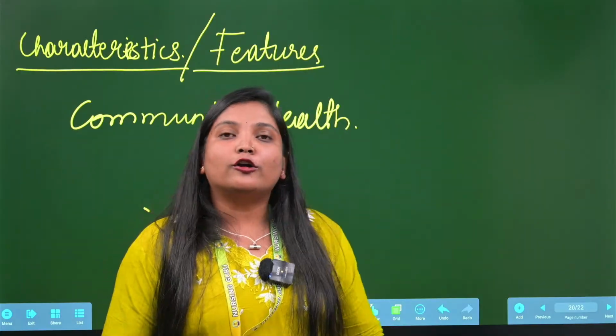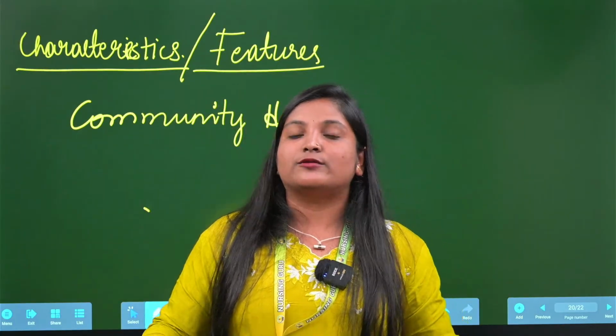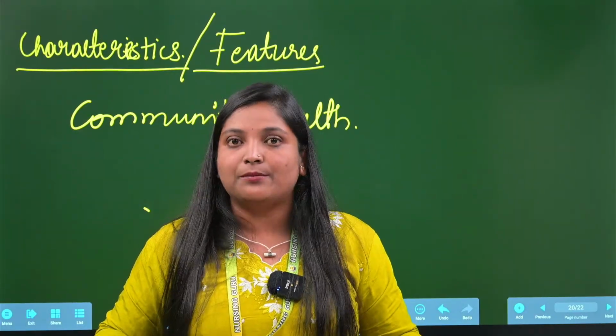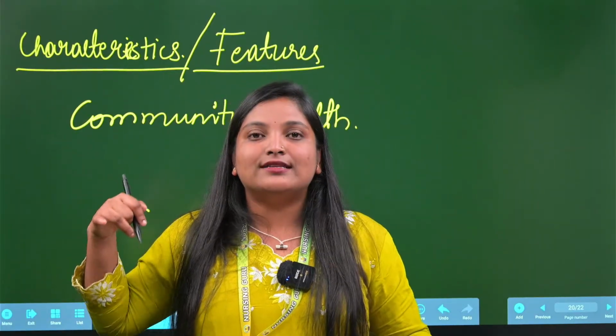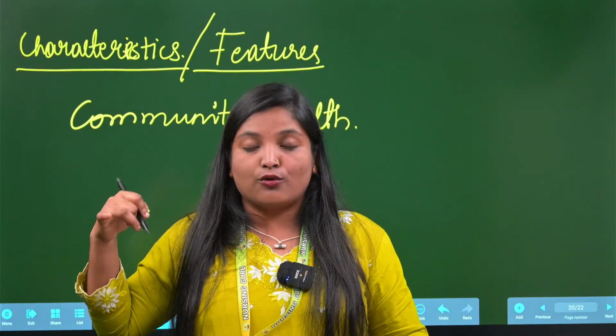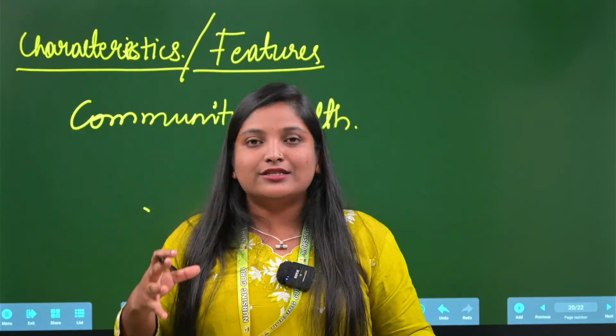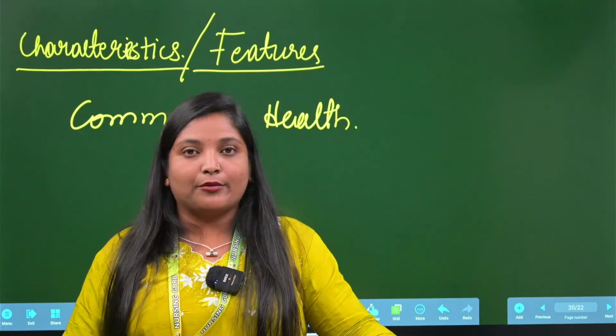So in order to reduce the spread of diseases like communicable diseases among the people, we use this clinical sociology knowledge to work on the community to reduce the incidence of illness among the community people.